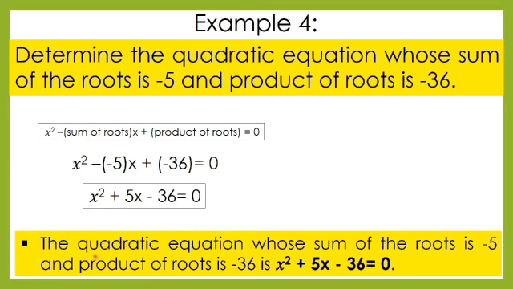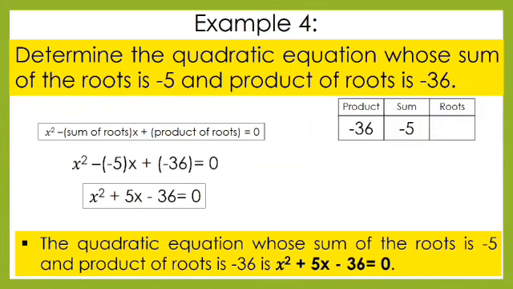The quadratic equation whose sum of the roots is negative 5 and product of roots is negative 36 is x squared plus 5x minus 36 equals 0. Let's check if the answer is correct by determining the quadratic equation using the roots, the first method that we did a while ago.